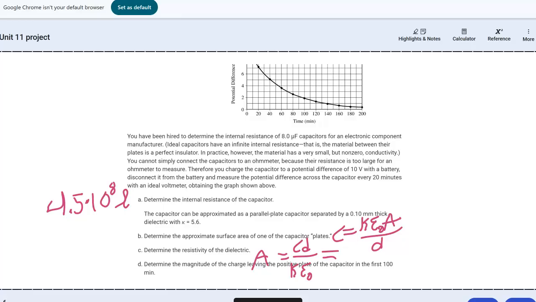And that's going to be 16.1. Oops, not here. Sorry, area, 16.1. That's our answer.